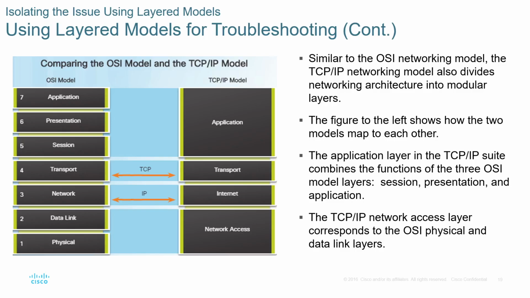Now, when troubleshooting using the OSI model, we also need to know the similar model which describes the communication process as well, which is the TCP/IP model. You guys have to remember that the TCP/IP model is very similar to the OSI model. The TCP/IP model is a little bit more specific. Why is it more specific?